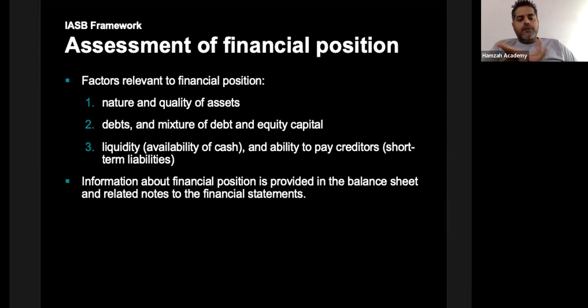Technically speaking, the financial statements of an entity show the nature and the quality of the assets of the entity, because the entity will use these assets to generate profits and cash flows in the future.